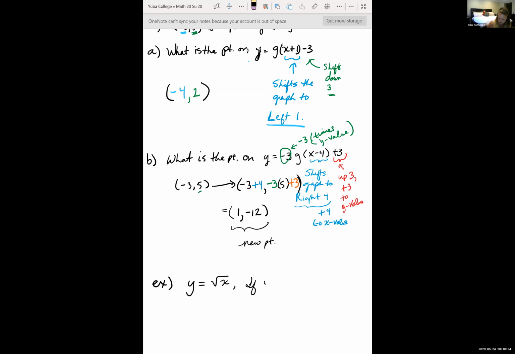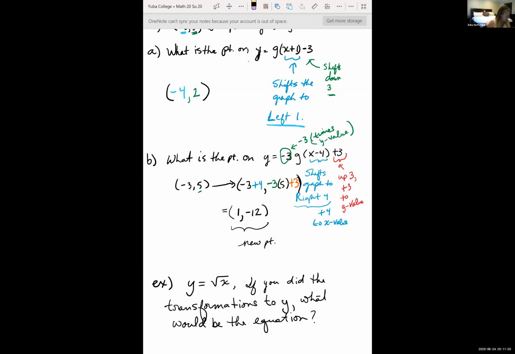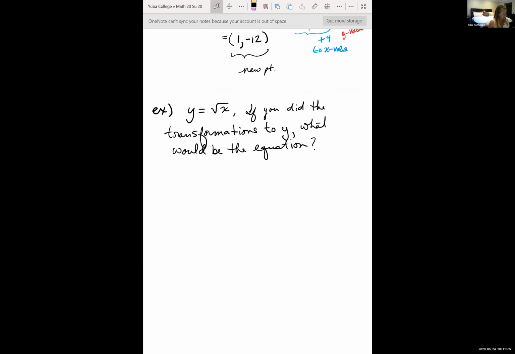If you did the following transformations to y, what would be the equation? Okay, following transformations, let me just list it.